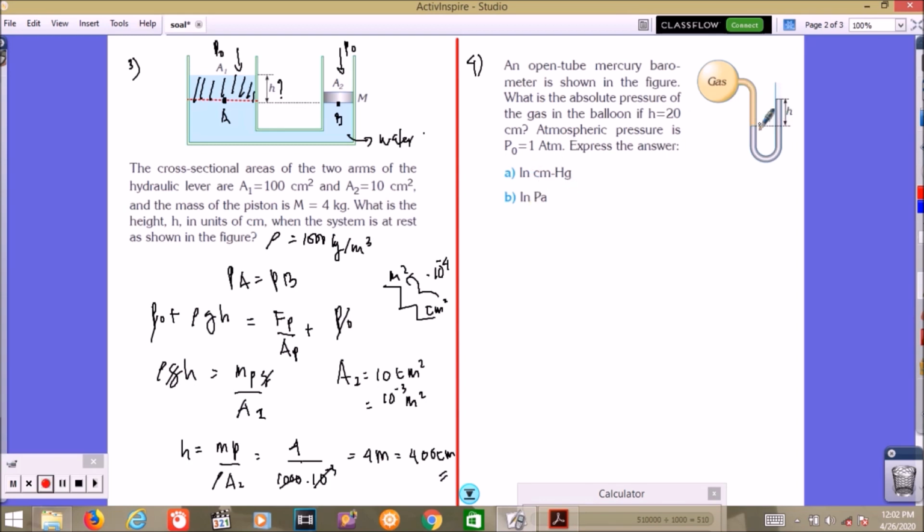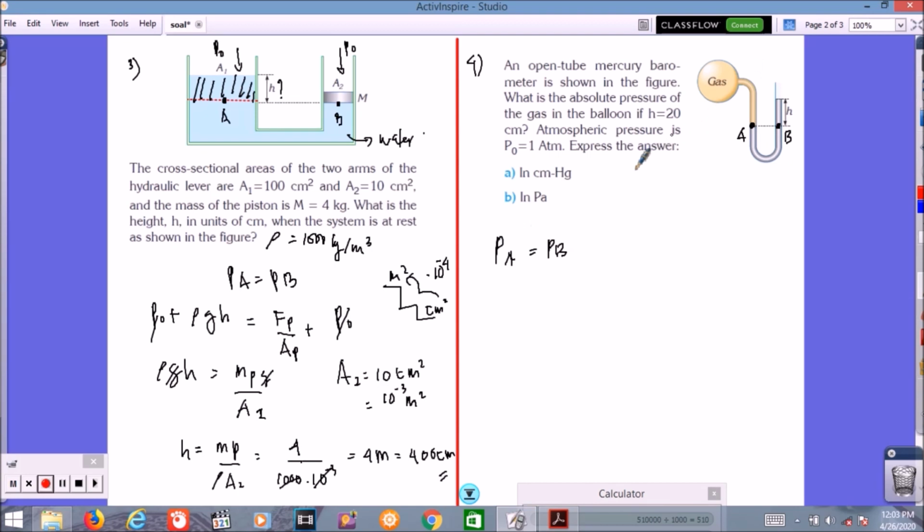First we take 2 points with the same pressure at the border, this is point A, this is point B. Above A there is pressure PA, which is equal to PB.